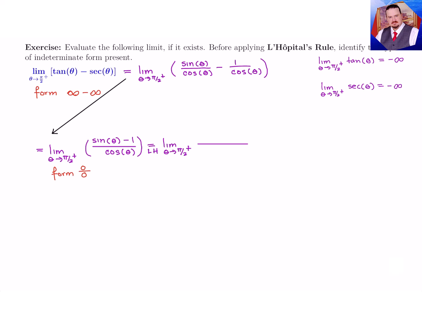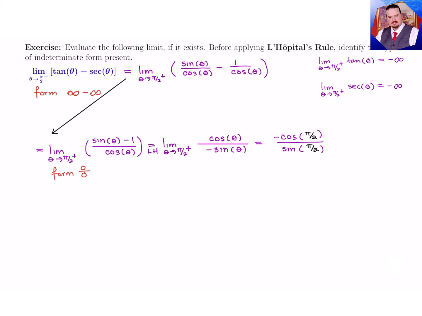Okay, so the derivative of sine of theta is cosine of theta. The derivative of 1 is 0, and what's the derivative of cosine? Minus sine, and again this one we can evaluate directly. I'll move the negative into the numerator, and when I say directly I mean by functional evaluation. This is cotangent, by the way, in case we cared.